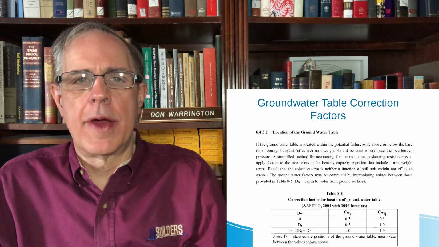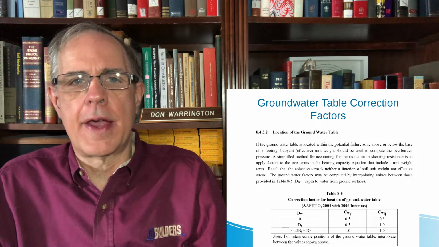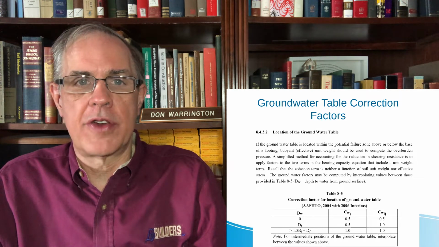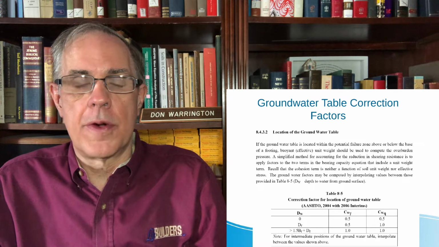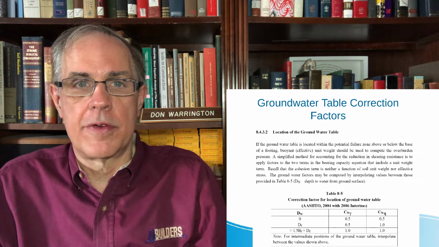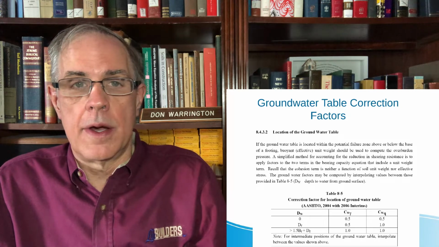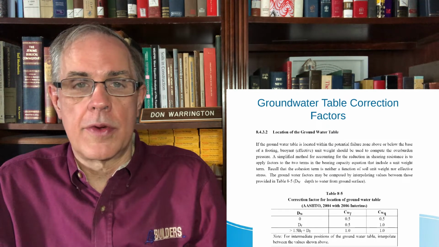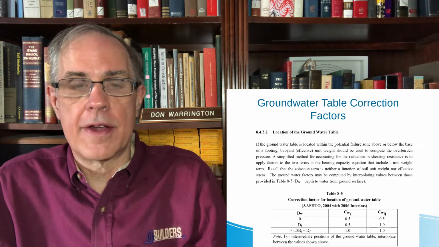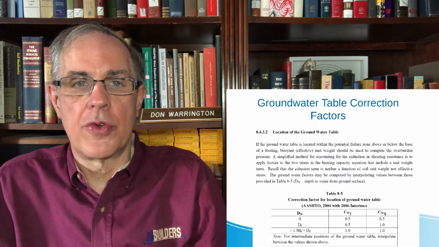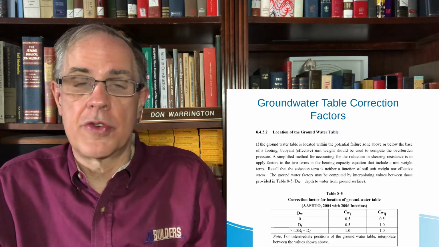The groundwater correction factors take into consideration the fact that for cohesionless soils or soils with friction, the strength of the soil is determined by the unit weight, which is pressing on whatever failure surface is resisting failure. If your effective stresses drop, which they do when you get groundwater, then the ability of those soils to resist friction decreases likewise.